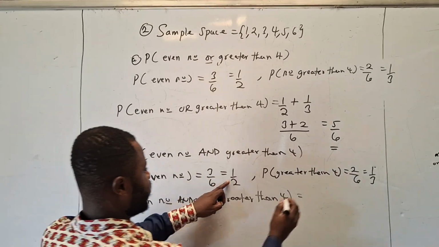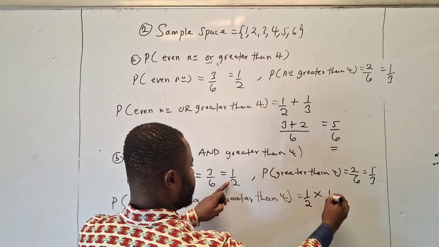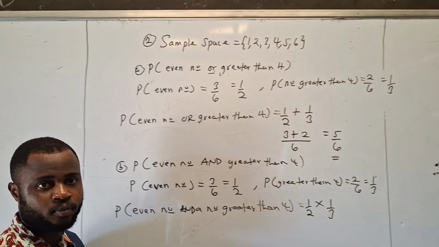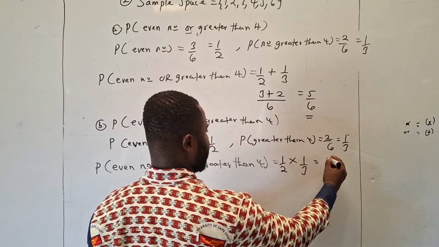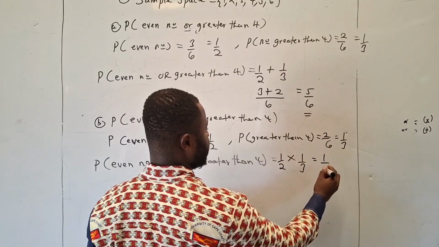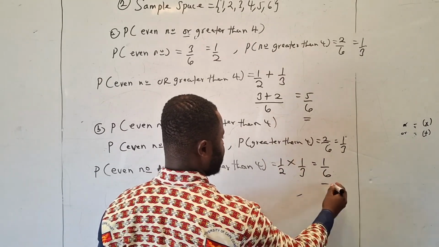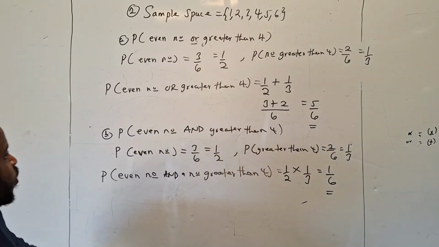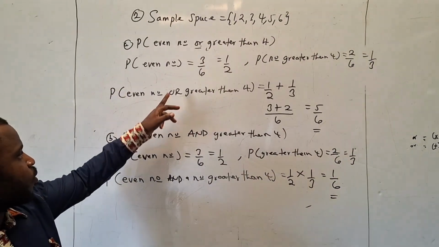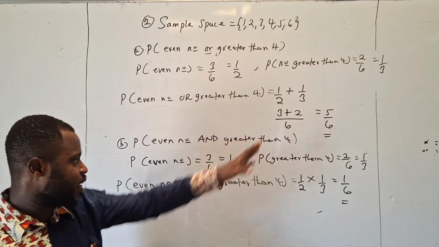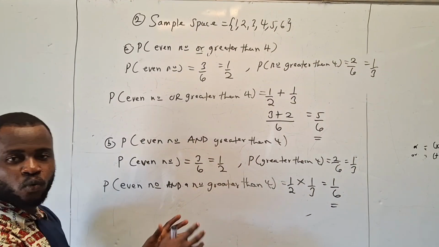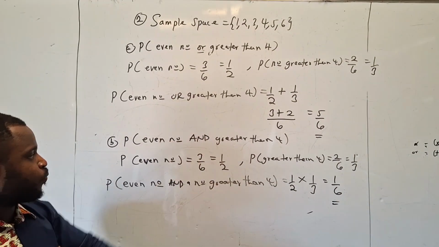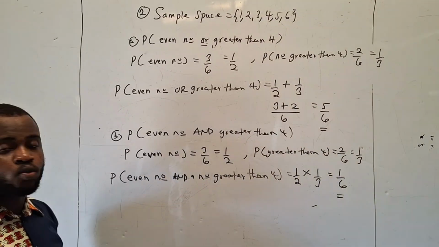So, an even number, 1 on 2 times 1 on 3. So, and we multiply. So, 1 times 1 give us 1, 2 times 3 give us 6. So, probability of obtaining even number or greater than 4, we add it. Probability of obtaining an even number and the number greater than 4, we multiply. So, this is how the question 2 is solved.